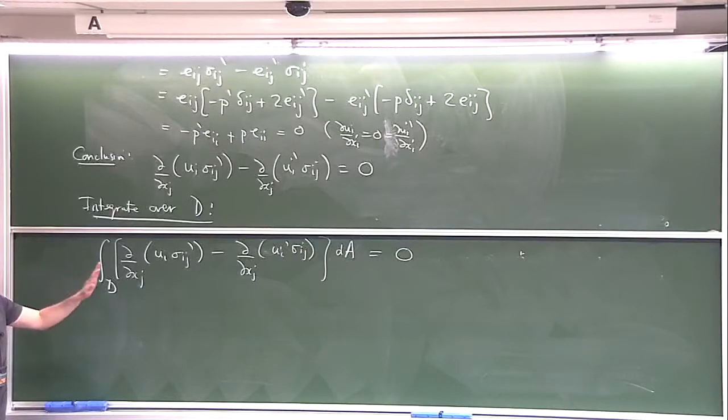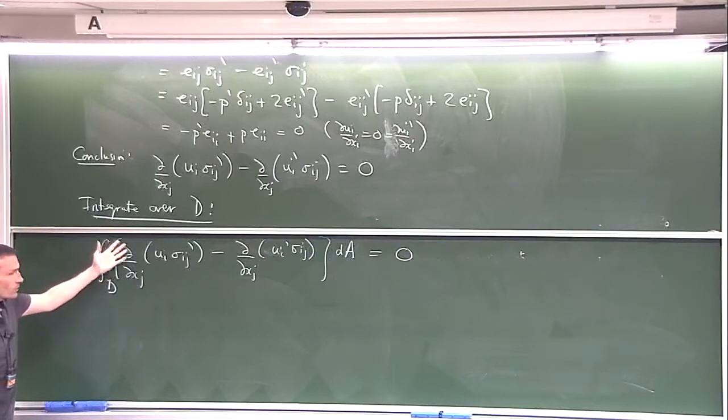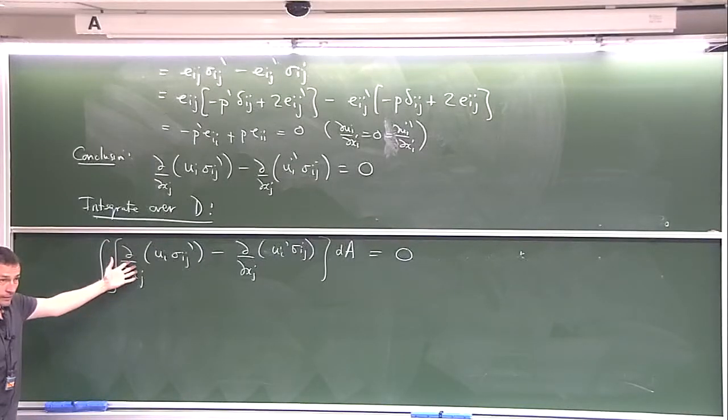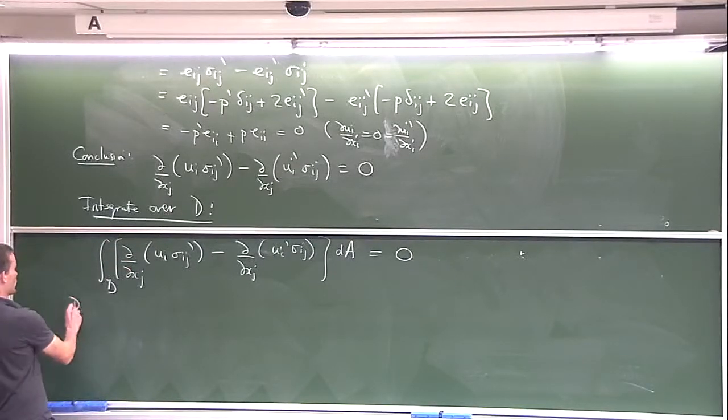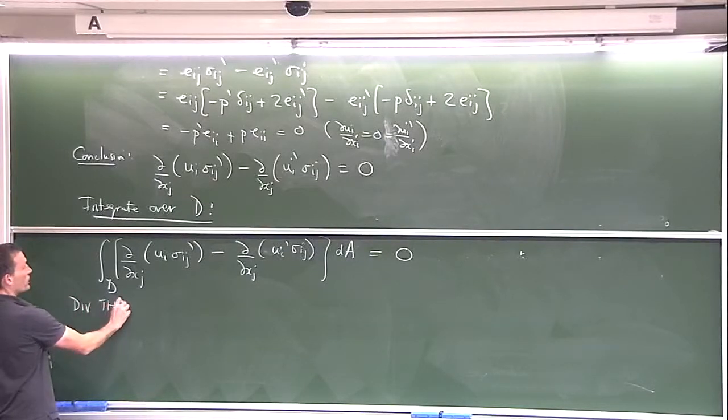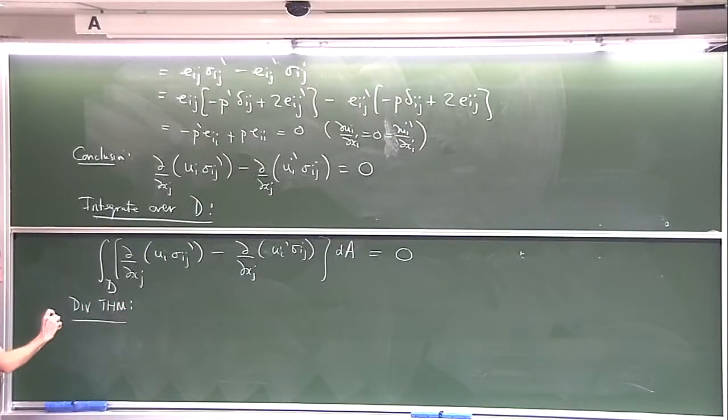What does everybody want to do to the left-hand side? You want to use the divergence theorem, because you've got the integral of a gradient. So by the divergence theorem, let's turn it into an integral around the boundary.